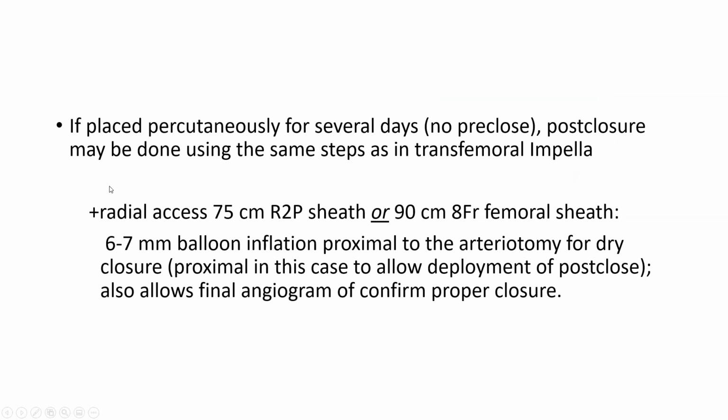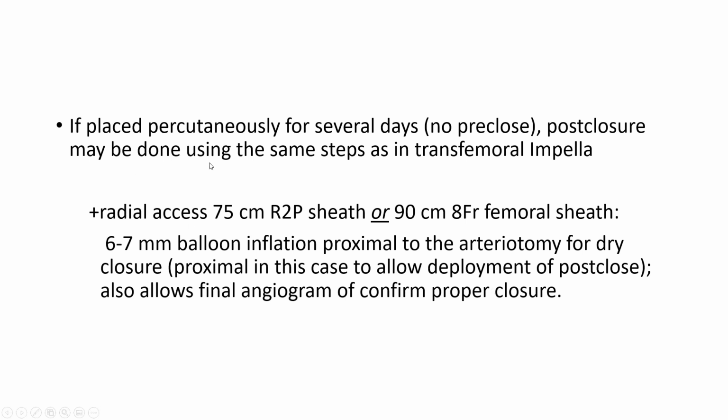You can remove it using post-closure, using the same steps that I described for transfemoral Impella, and I will describe them here again. In that case, again, place a radial access, 75 centimeter R2P sheath or 90 centimeter 8 French femoral sheath or 7 French femoral sheath, and place a 6 to 7 millimeter balloon proximal to the arteriotomy for dry closure and a dry deployment of your closure device, also to allow you to do a final angiogram to confirm a proper closure.